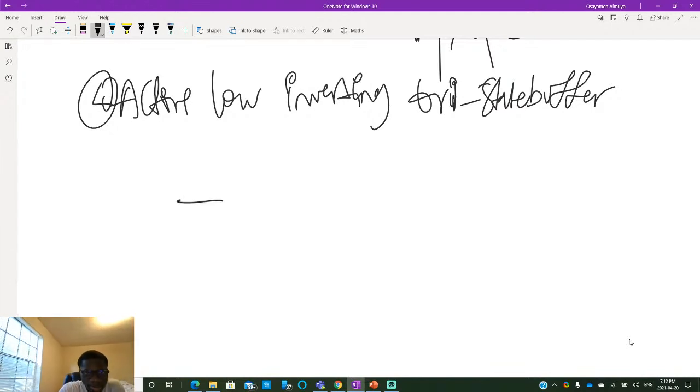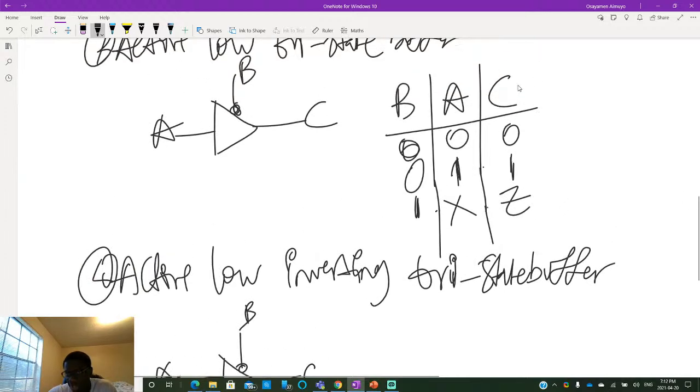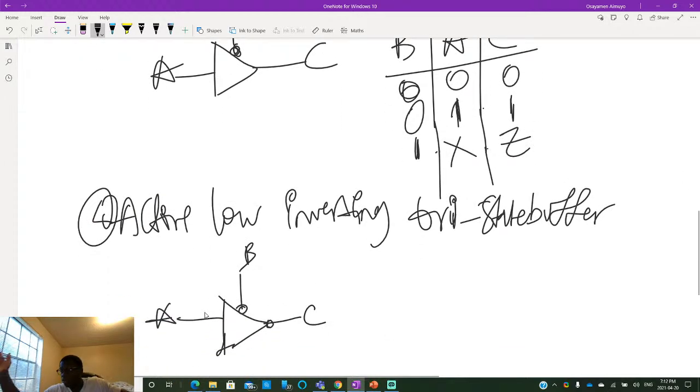So for this, the diagram is this. A, B, and you have a bubble as well here. See? Okay. So it's basically like this, but C is just A inverted, right?